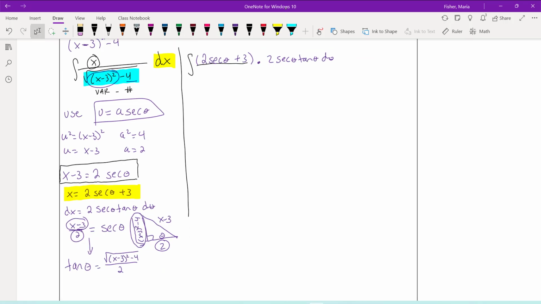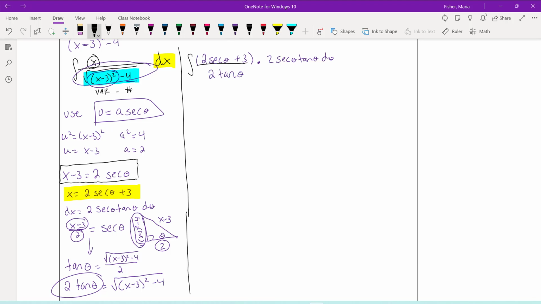What does that mean if we're solving for the square root? Well, that 2 tangent of theta is going to equal the square root of x minus 3 squared minus 4. Coming over here, instead of writing our denominator of the square root of x minus 3 squared minus 4, I'm going to write 2 tangent of theta.